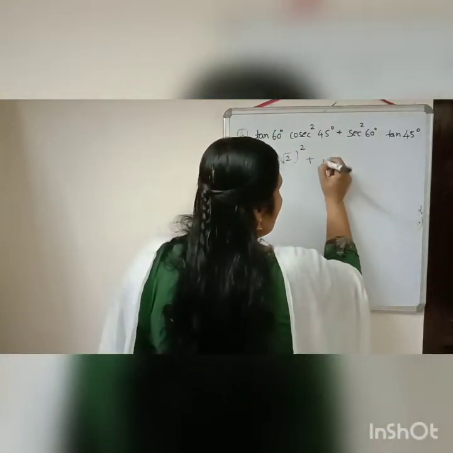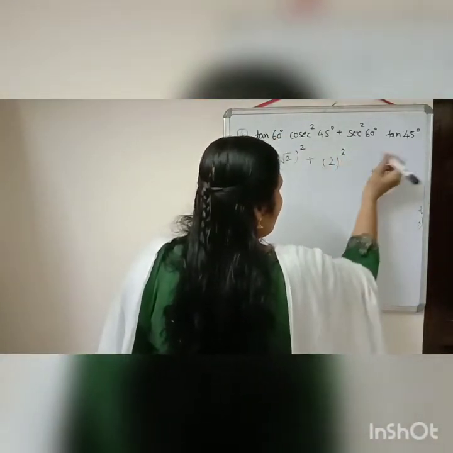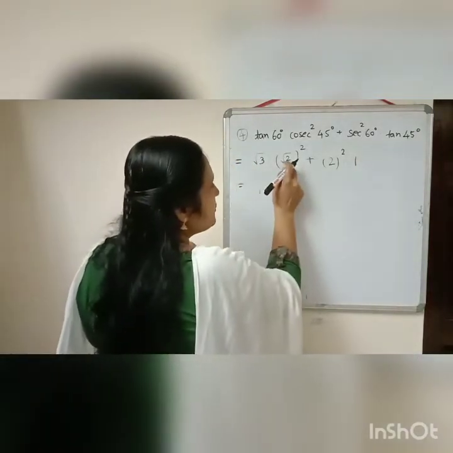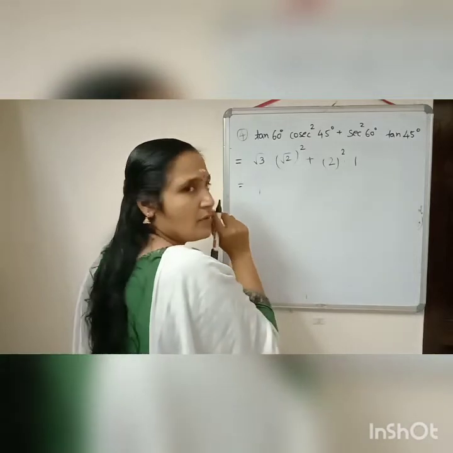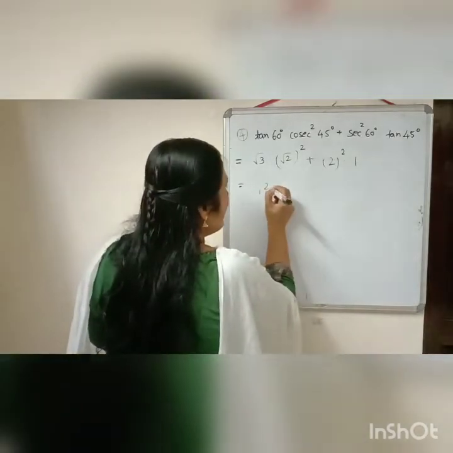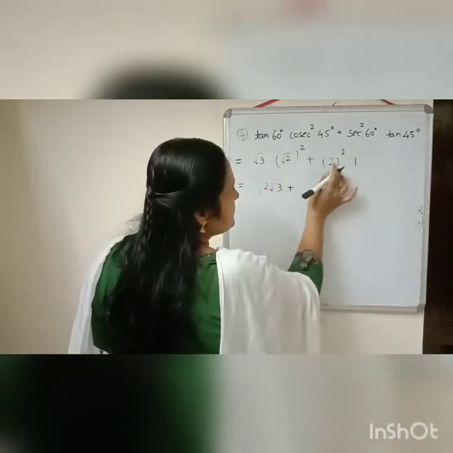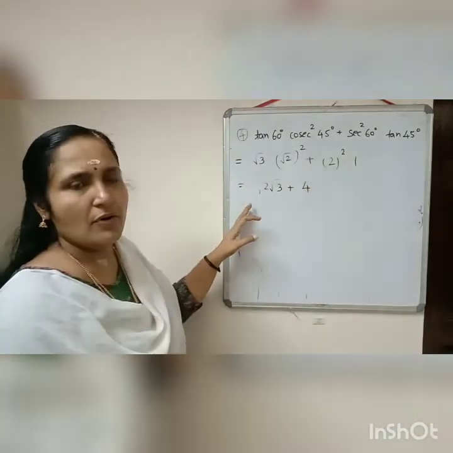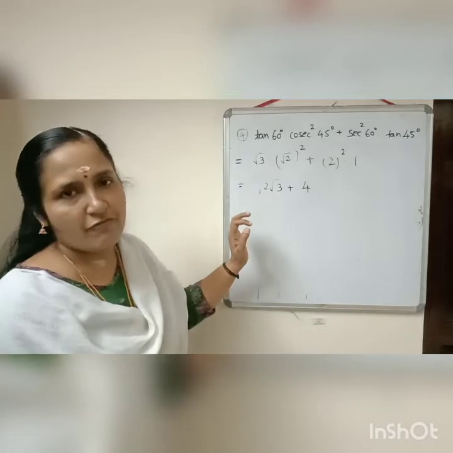So we will get 2 square into tan 45 degree, which is 1. Root 2 the whole square will be equal to 2. So we get 2 root 3 plus 2 square, which is 4. So our answer will be 2 root 3 plus 4.